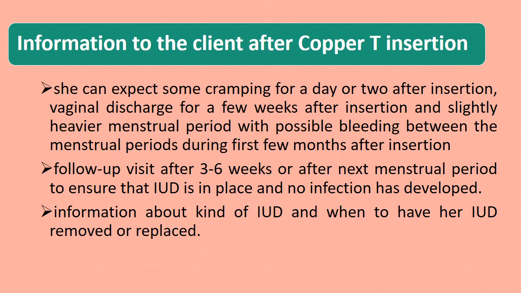Information to the client after copper T insertion. She can expect some cramping for a day or two after insertion, and cramping pain or vaginal discharge for a few weeks after insertion. There may also be heavier menstrual periods with possible bleeding between periods during the first few months.